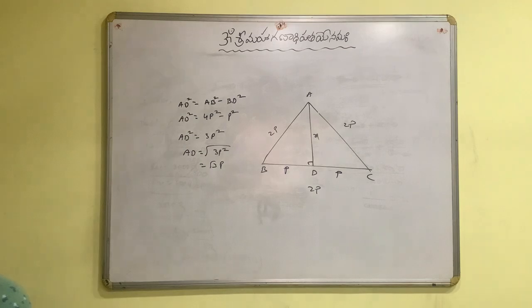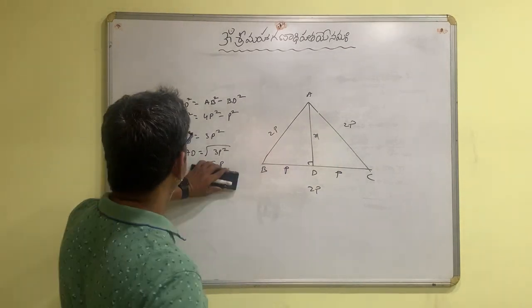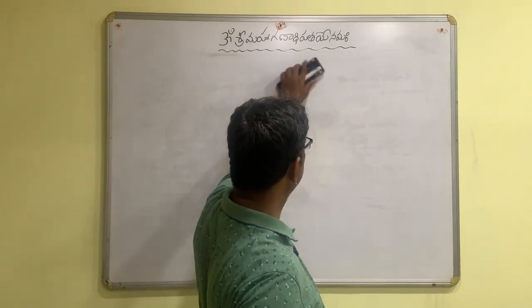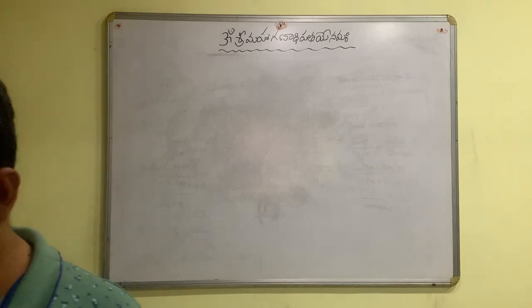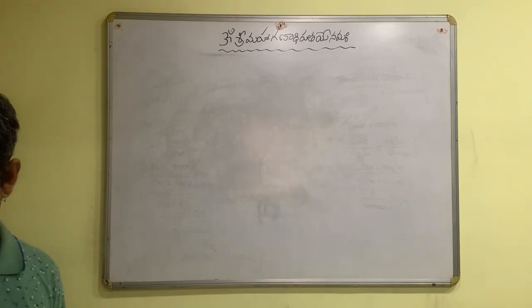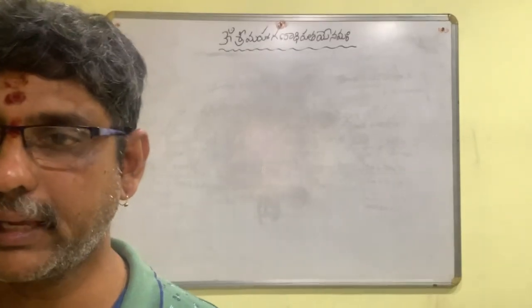Now go ahead with the 10th question. In the figure, O is the center of the circle, PQ is a chord, PT is a tangent which makes an angle of 50 degrees with PQ. Now what is angle POQ?